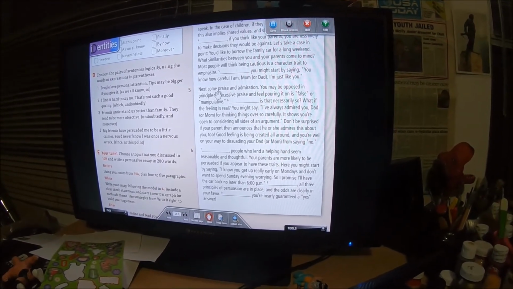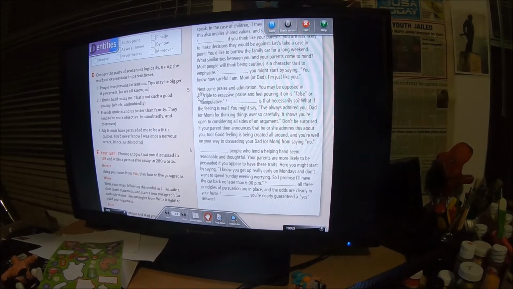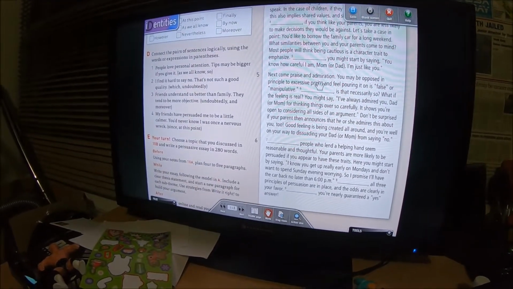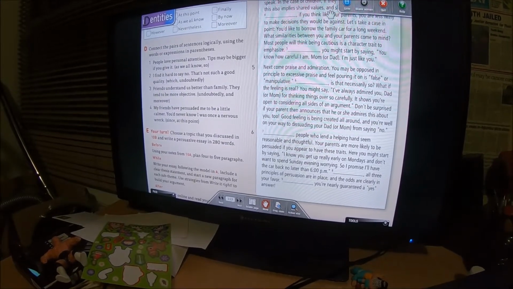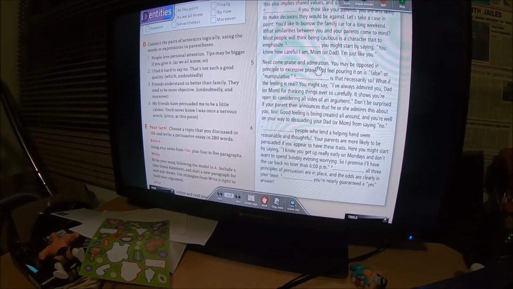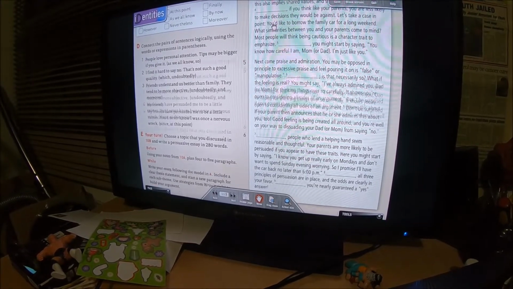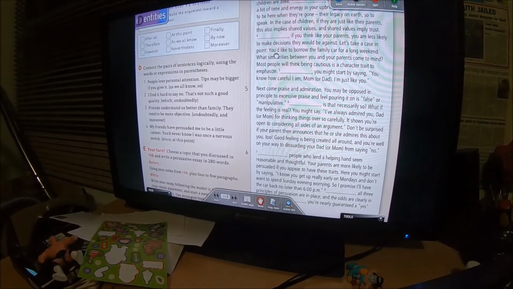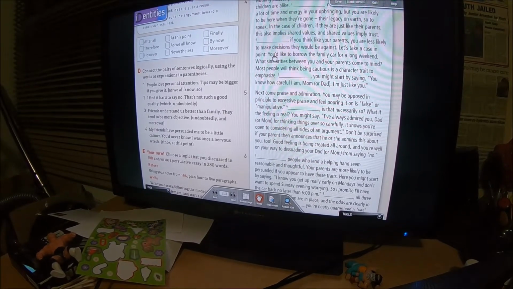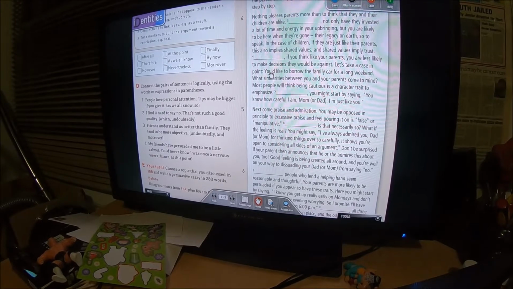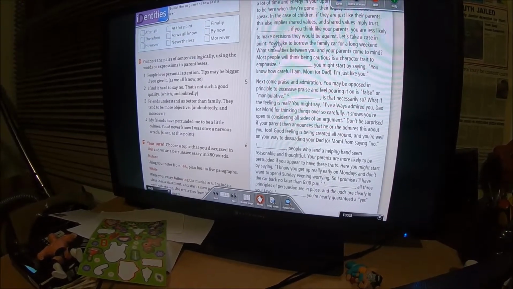If we look at it, guys, it is connected to this subtopic of praise and admiration. So again, we had the topic sentence at the very top, and we had the subtopics that we just saw. For example, in paragraph 5, next come praise and admiration, and nothing pleases parents more than to think that they and their children are alike.